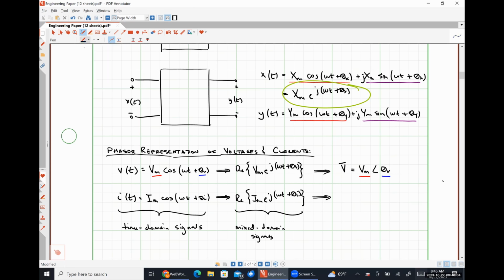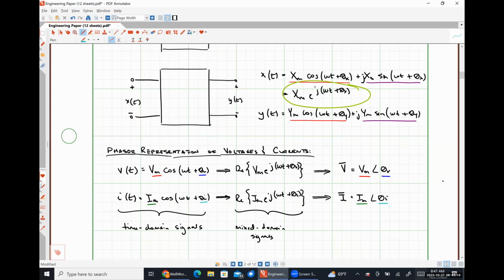We're going to do the exact same thing for current signals. So our phasor representation of our current is going to be the magnitude of our current, angle, the phase angle of our current, and we throw the rest away. The only thing that we need to pay explicit attention to is that our time domain signals must be expressed in a cosine form in order for us to do this. So the cosine form of our sinusoidal signals is the basis that all of electrical engineering uses.